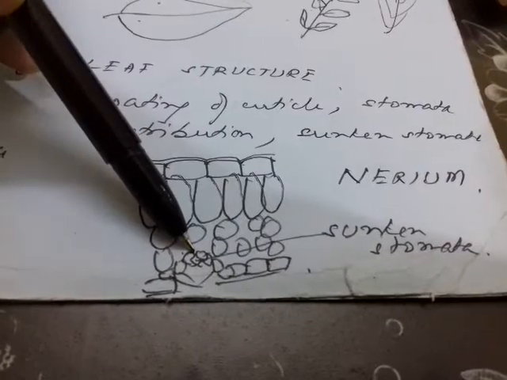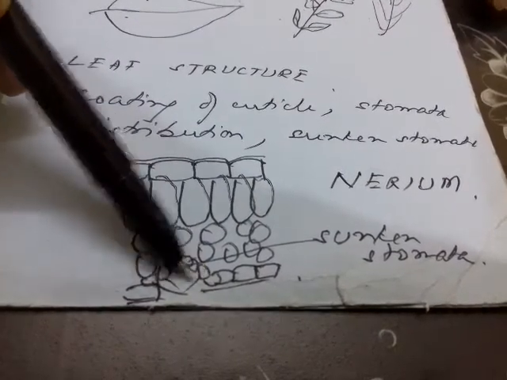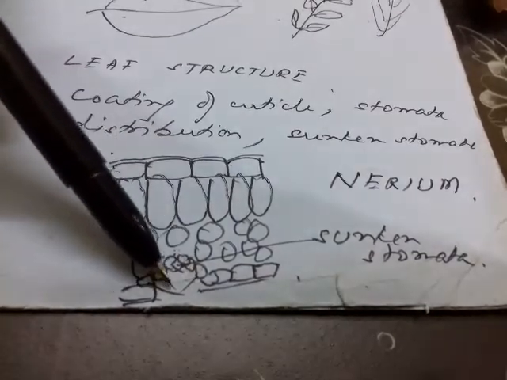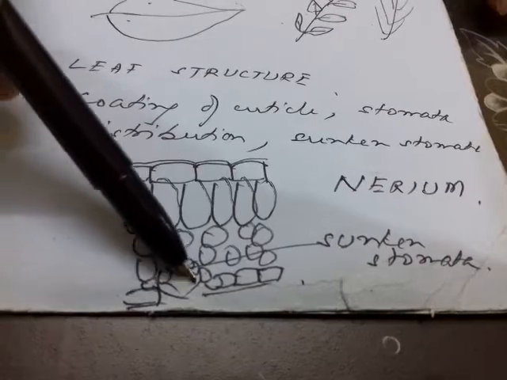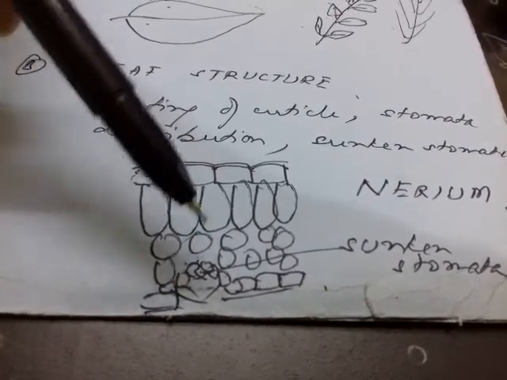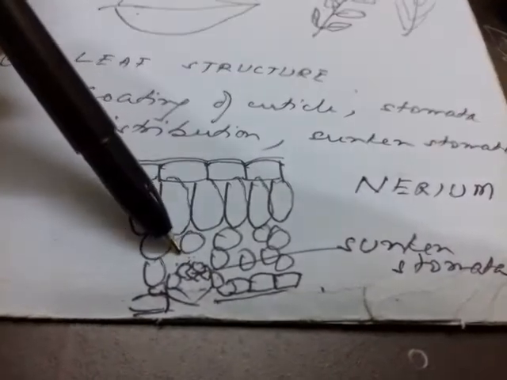Nerium is a plant which has a xeric adaptation, and in the lower surface of the leaf, this is the epidermis, the stomata is a little bit inside, and this is called a sunken stomata. The mouth of the stomata is guarded with hair-like cells, and these hairs reduce the rate of transpiration. So in order to reduce the rate of transpiration, they have this sunken stomata.